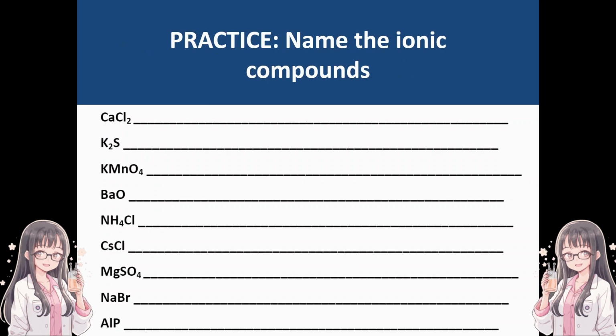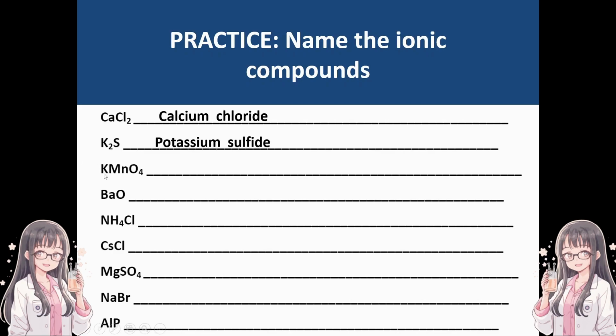Now, let's practice naming ionic compounds. Let's apply the rule. Ca and Cl. So the name will be calcium chloride. K and S. K is potassium, S is sulfur. Final name will be potassium sulfide.